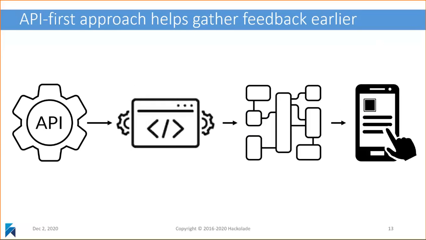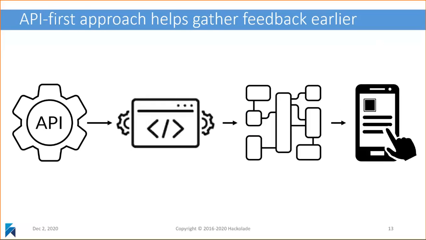A better approach is called API first. You start by designing and building APIs, then creating the rest of an application around them. This allows the team and any of the other stakeholders to weigh in on the proposed direction and functionality, and they can do this early and often.